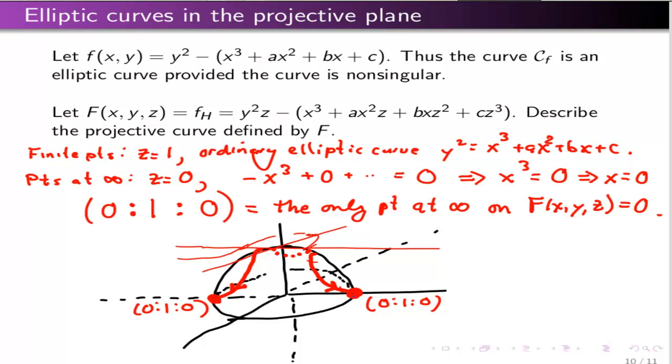So every vertical line passes through this point at infinity. And what happens when we draw vertical lines? It's a great circle on the hemisphere. It hits the elliptic curve at these 2 points, which are symmetric about the x-axis. So a vertical line passing through those 2 symmetric points will also pass through this point at infinity.